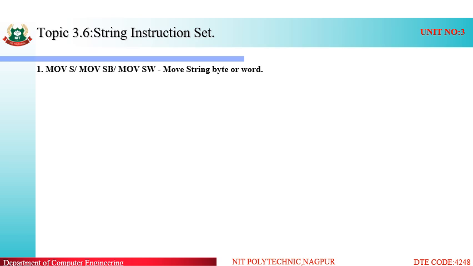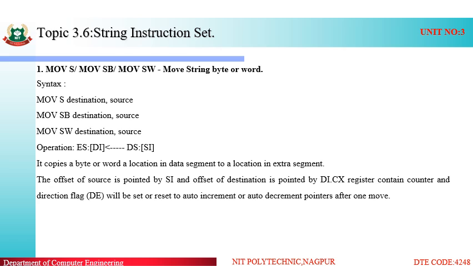And in the case when we don't know the size of the string, that is whether it is 8 bit or 16 bit, then we will use the instruction MOVS. So the syntax is MOVS destination comma source, or MOVSB destination comma source, or MOVSW destination comma source.